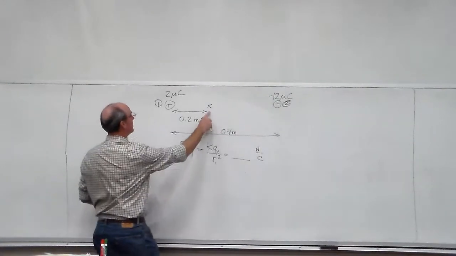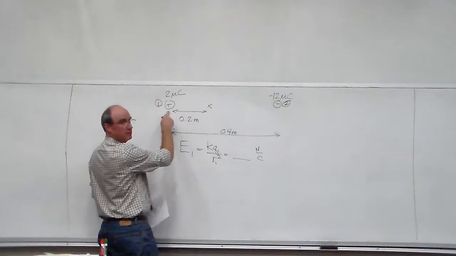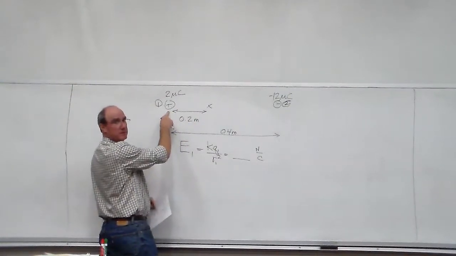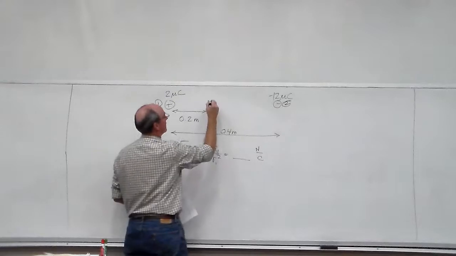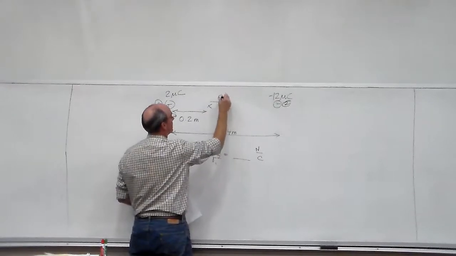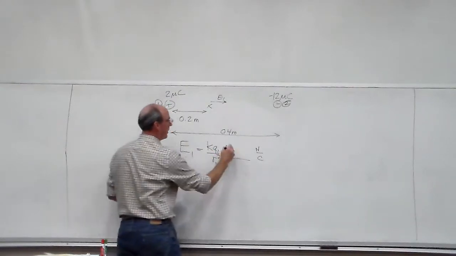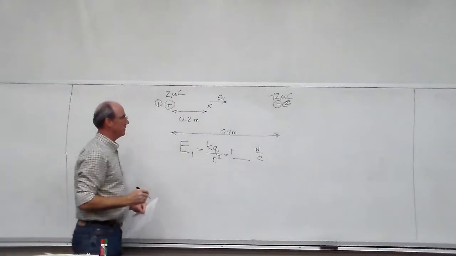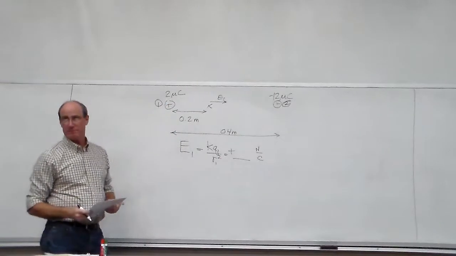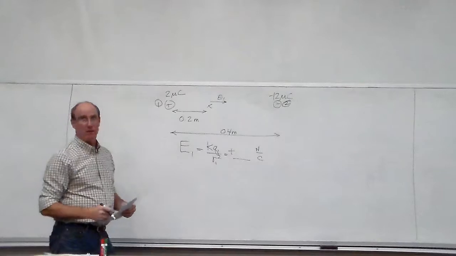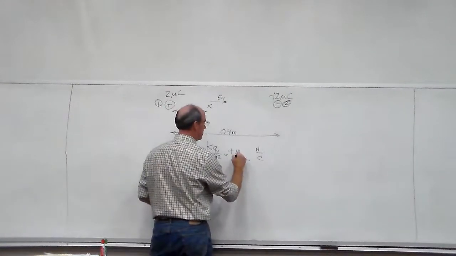At this location, this electric field points to the right, so let's call this a positive number. Any idea what that is? 450,000.